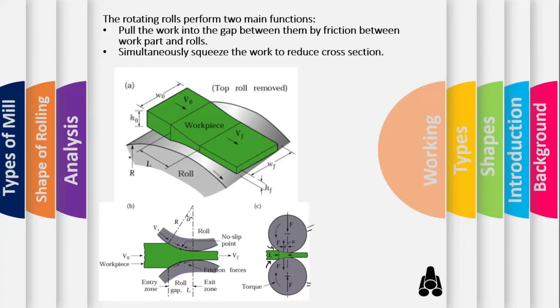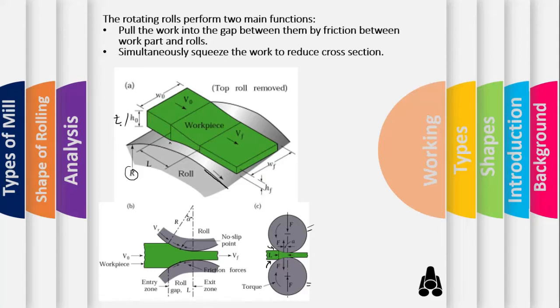So let's suppose we have this roll, and that has a radius of r, and a slab is being compressed between the rolls such that the initial width of the slab is w0, and the initial thickness is h0 or t0, whatever you would like to write. Initially it has some velocity of v0, and it has some velocity after passing through the roll, that is vf.